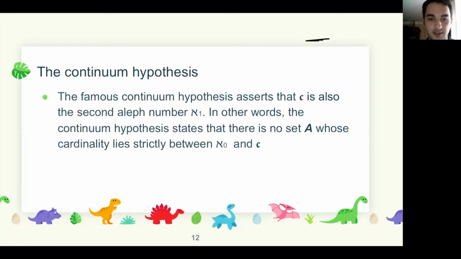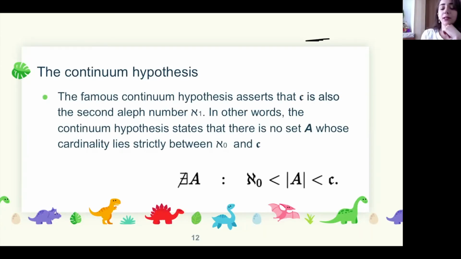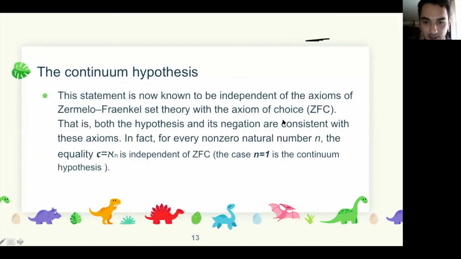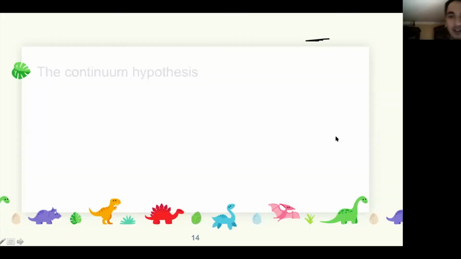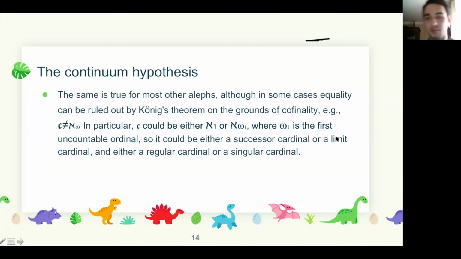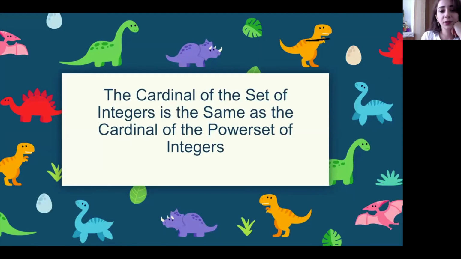Next slide. And the continuum hypothesis, yes, I explained that. Next slide. What is the continuum hypothesis? And next slide, the cardinal of the set of integers. The continuum hypothesis you talked about, and the cardinal of the set of integers is the same as the cardinal of the power set of integers.